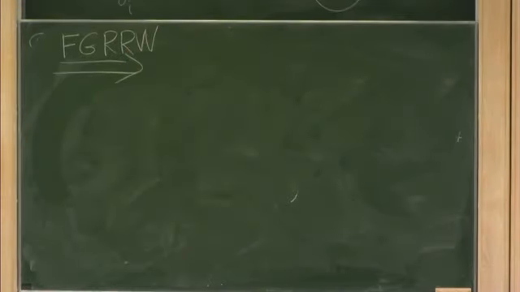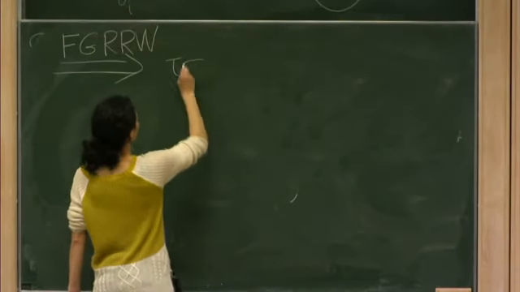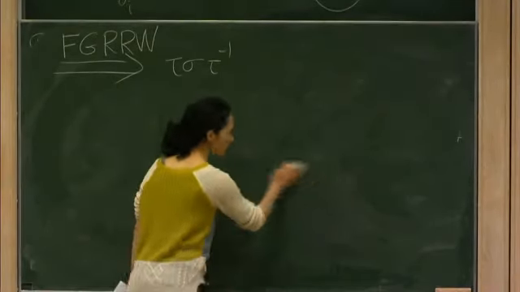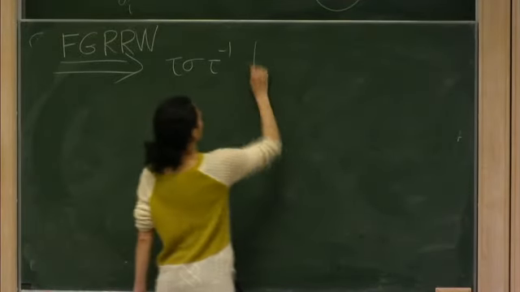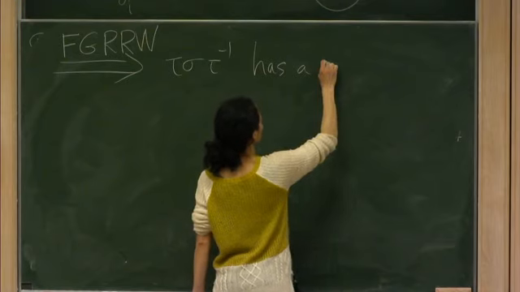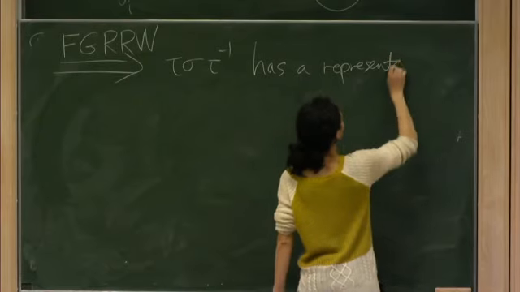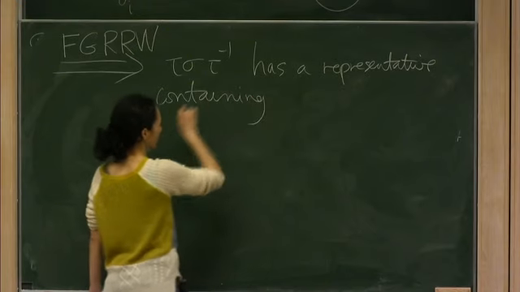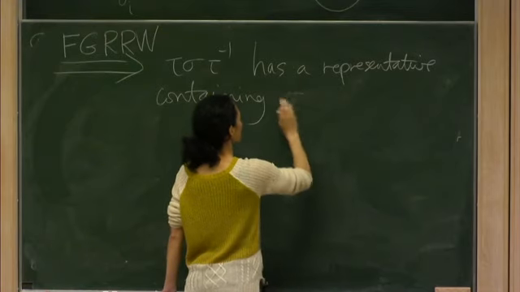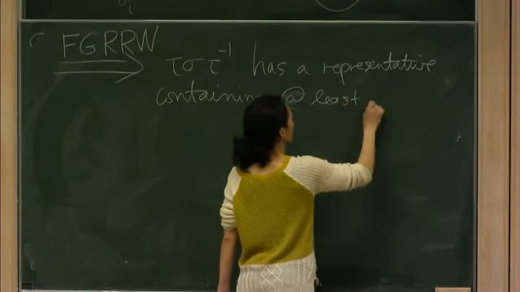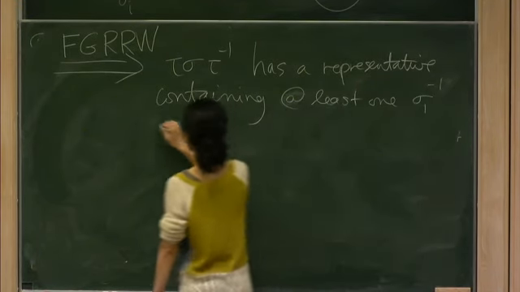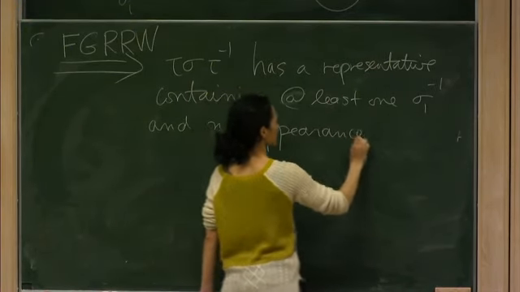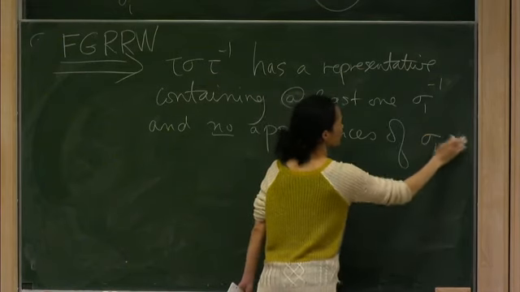Which says that this braid, which is somehow quite natural seeming but to me unexpected, actually has a word as a representative containing at least one appearance of sigma 1 inverse and no appearances of sigma 1.